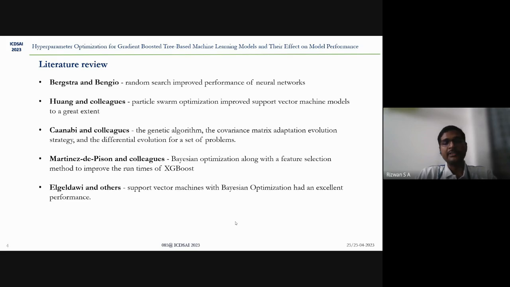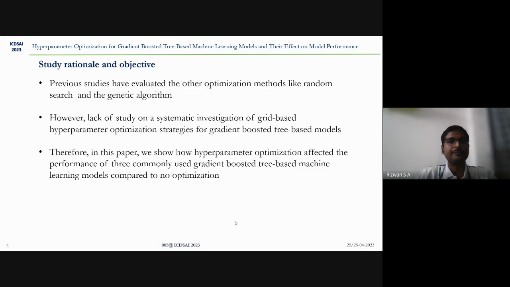So all these papers have concluded that hyperparameter optimization is always useful, but none of them have investigated this grid search method for gradient boosting models. So that is why I carried forward this work, because I wanted to understand whether this simple algorithm can be useful for gradient boosting models, which are very popular these days.